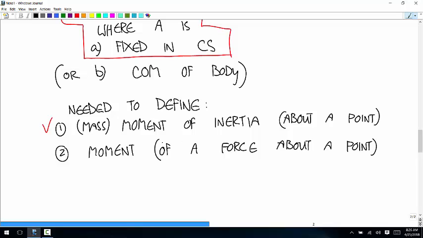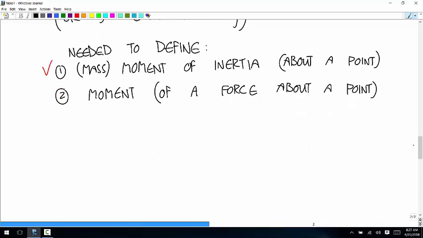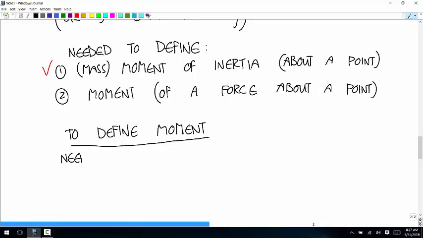That's the one that we're on. So we started out with the cross product. To define the moment, we needed the cross product.